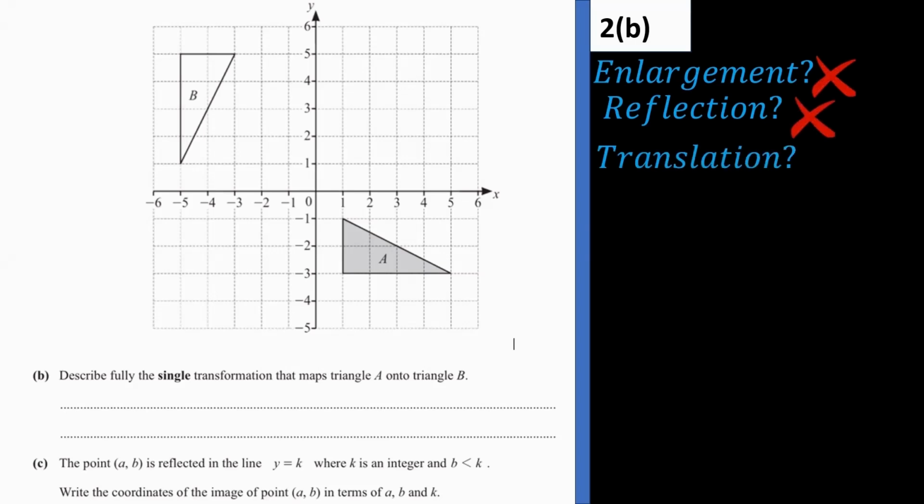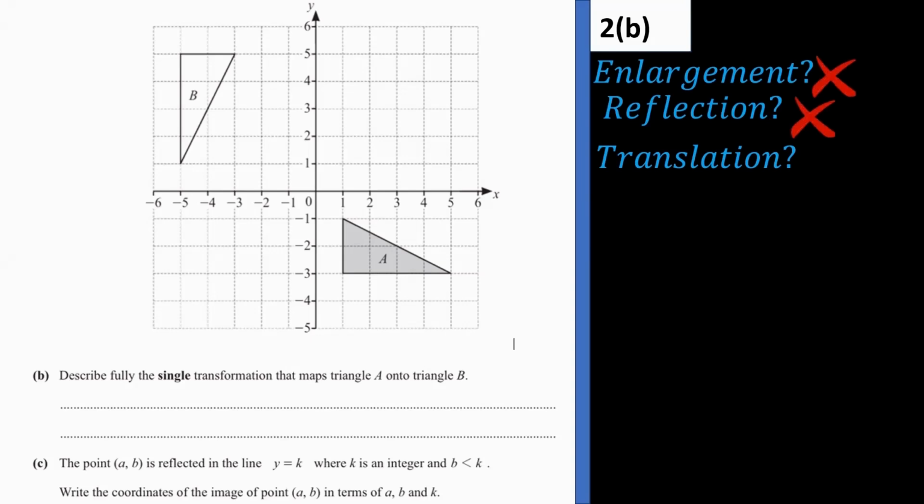Translation will result in a sliding or gliding movement, either upward, downward, forward, or backward. It does not flip over, it does not turn over. If you look at shape A, if we shift shape A back, we cannot get B. Even if we shift it back and shift it up, we can see that B has been turned over.